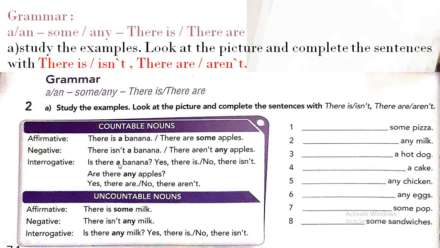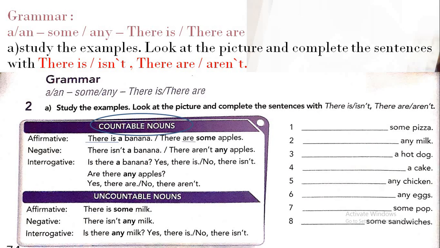So let's revise. We have countable nouns. This is the affirmative form. How do we use there is with affirmative? So we can say there is a banana. There is an apple. Good. This is if it is singular.